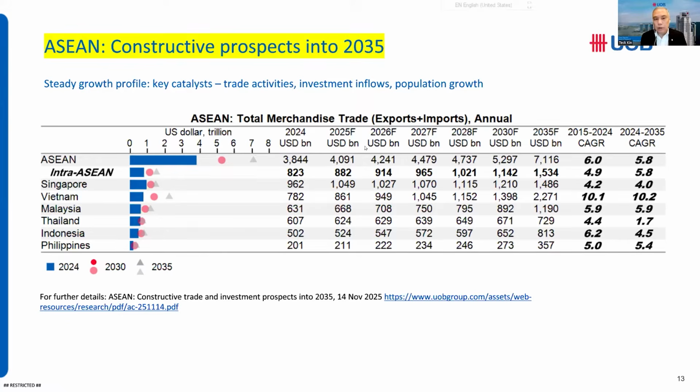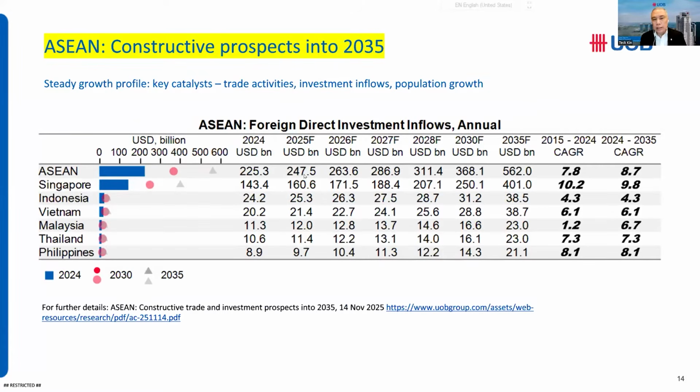Similarly for FDI, that's our forecast here. For 2025, likely to at least match, or on track to meet, what we saw in 2024. So the situation, I think, is still good. Why is that the case? Because supply chain shifts will continue, and the investment inflows here, and of course our fundamentals are quite strong.